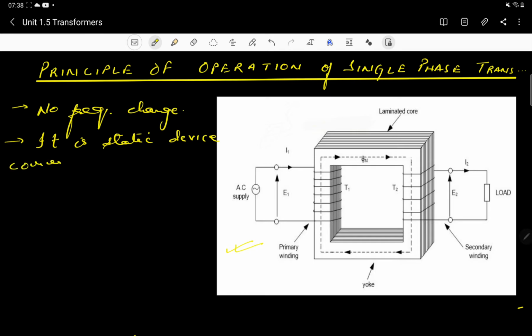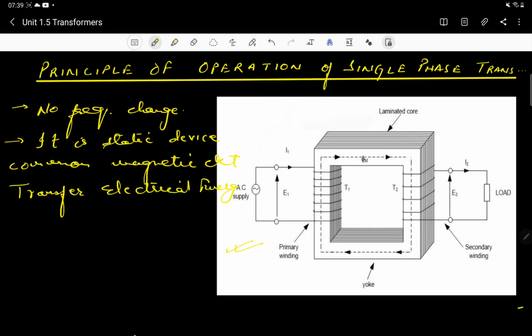There is a common magnetic circuit between them, whose purpose is to transfer electrical energy between those two circuits. And as I have already said, there is no change in the frequency between them.